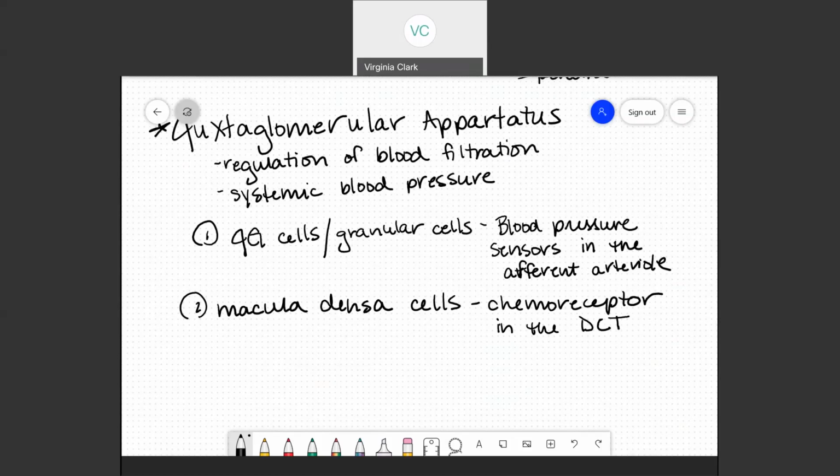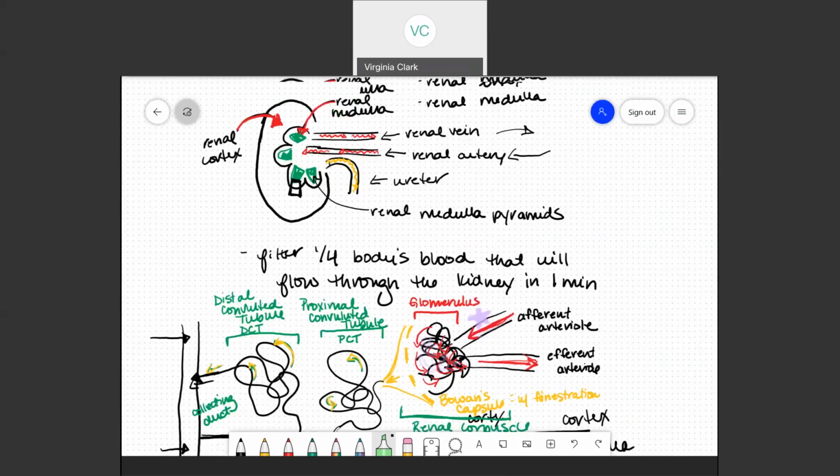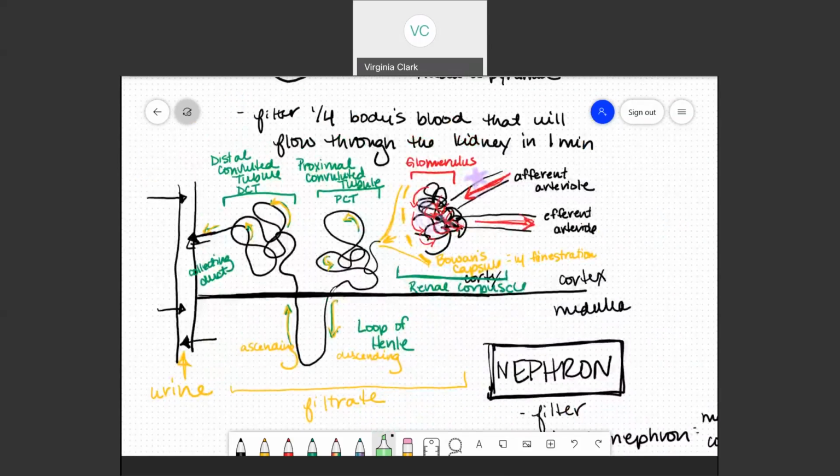So it's a chemoreceptor that is found in the distal convoluted tubule. If this guy right here is labeled as our JG cells, then our macula densa cells in our DCT are going to be labeled like this. So coming all the way back up here to our nephron, we're going to have our macula densa cells.